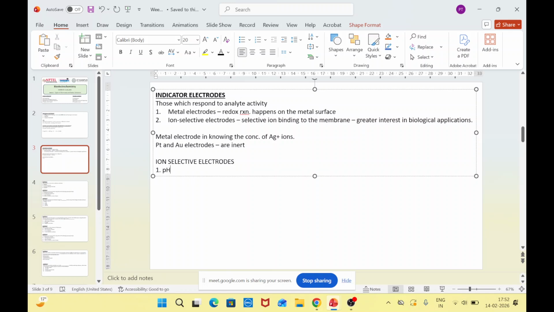We typically detect pH using these selective electrodes, and we also try to detect potassium ions, and anything else that we usually use ion selective electrodes for. Again, ion selective electrodes are very common in biological applications. Here we will discuss the pH sensors and the potassium ion sensors, or the detectors for potassium ions.